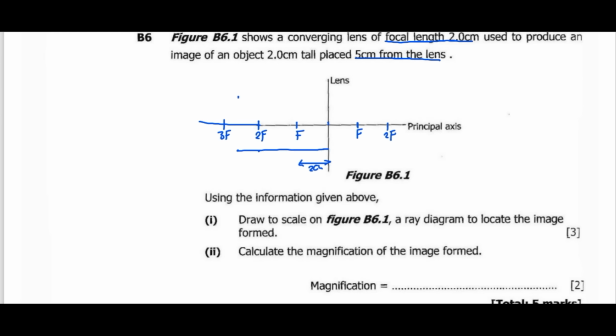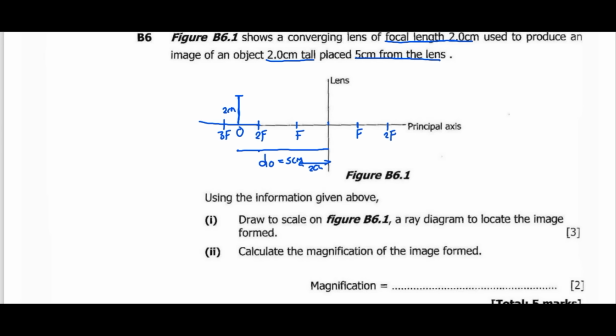So this is where our object is expected. So this is our object. Then as you are drawing the object, make sure that the height is also 2 centimeters, because we are given 2.0 centimeters tall. So the distance of the object is 5 centimeters.